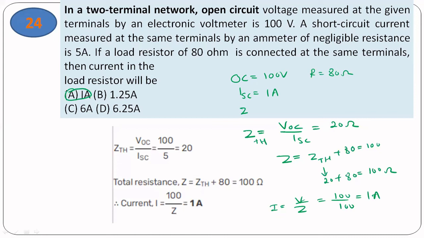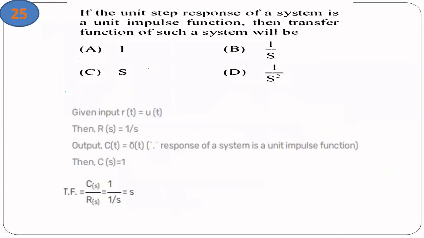Next, we shall move ahead and discuss the last question, which is again a very important question from the control systems subject. It is mainly on the concept of transfer function. Remember that transfer function is nothing but what? It is the Laplace transform of output divided by the Laplace transform of input. It's called the transfer function.